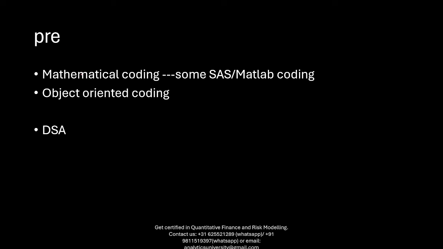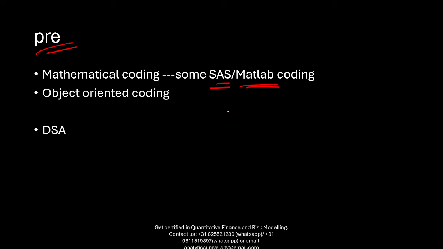All right, on the mathematical side, on the coding side, you need to have some experience with mathematical coding, right? Doing the matrix operation. If you've done that using SAS or MATLAB or R or Octave, any of these platforms, then I think it's really useful. Many people who have done software engineering, they have no experience with mathematical coding.